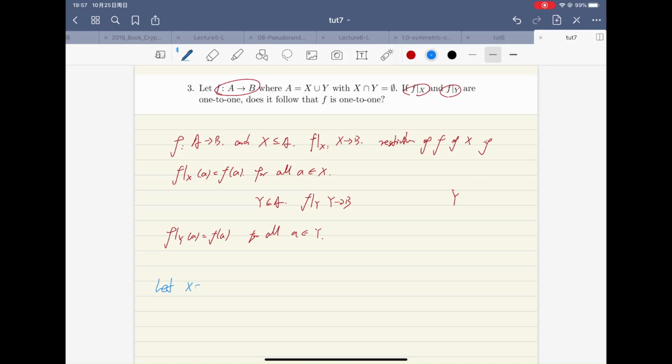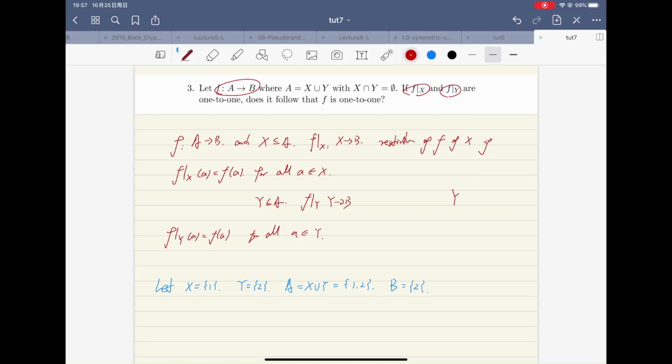Let X equal to the set with only the element 1, and Y the set of 2. Then we have A equals X union Y equals {1, 2}, and B equals {2}, right?